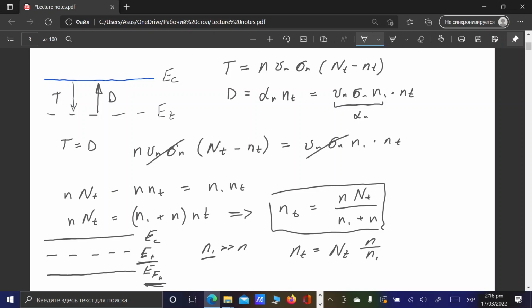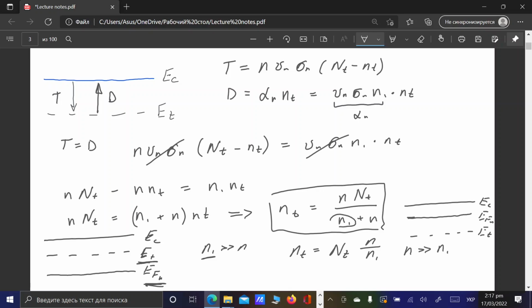So if we have a different case, when we have a high level of excitation and quasi-Fermi level, so this is EC, this is EFN, and this is ET, is located higher than the trap level, then concentration of charge carriers in the conduction band will be much larger than N1.